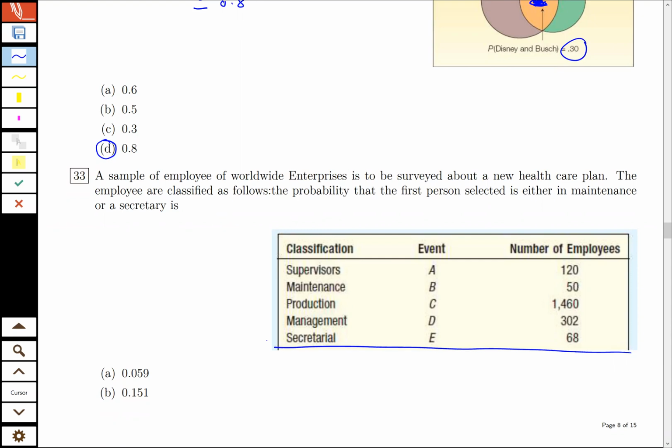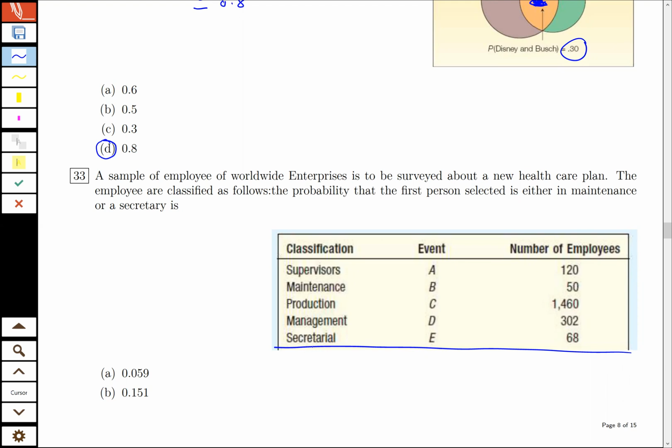For the classification, we have supervisors, we call them event A, 120 employees. We have maintenance, we call it event B, and it is 50 employees. We have people in production, we call it event C, and we have 1,460. We have some people in management, we call management event D, and that is 302.